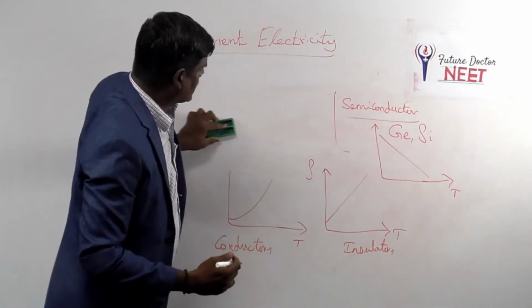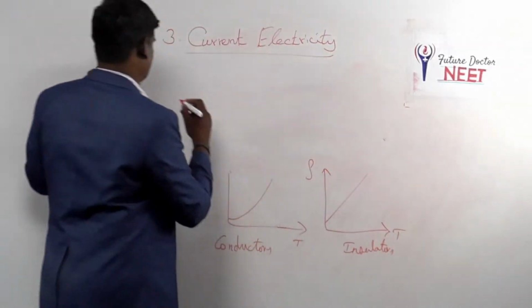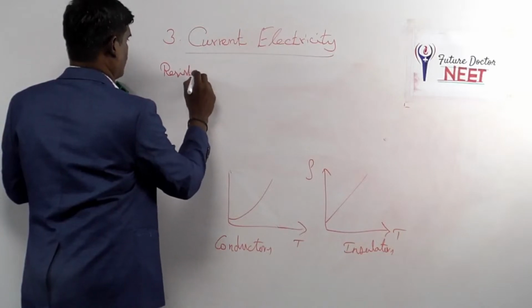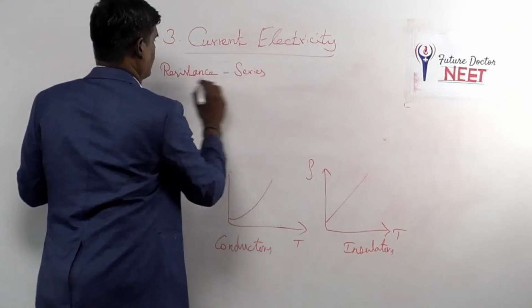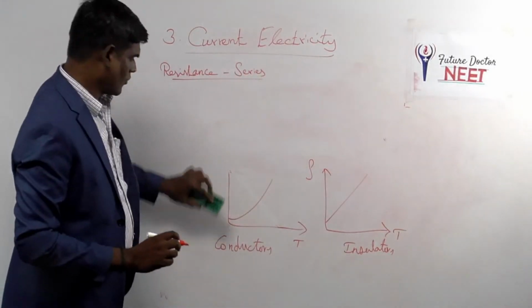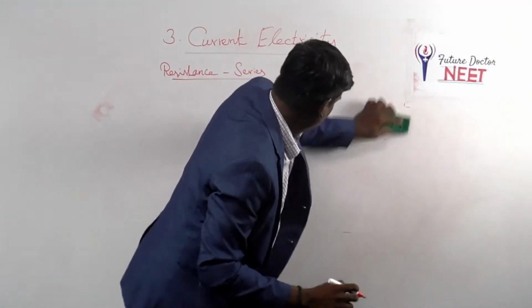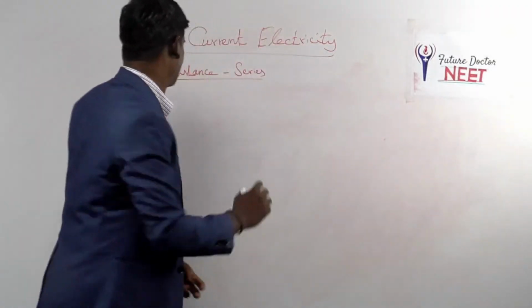Suppose resistors are connected in a circuit in different ways. That is, resistance connected in series. What is the symbol of resistance?